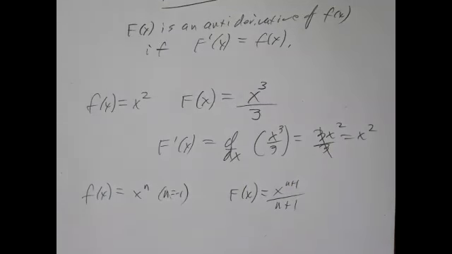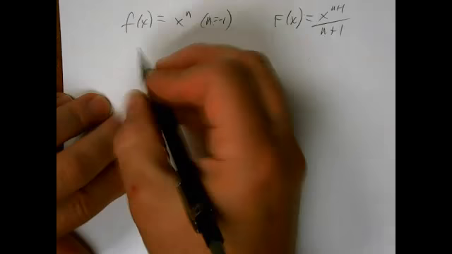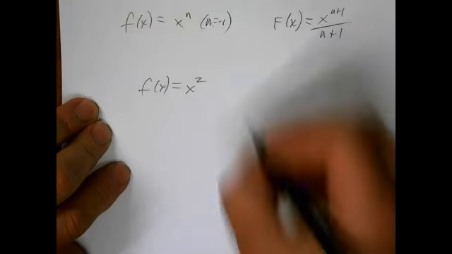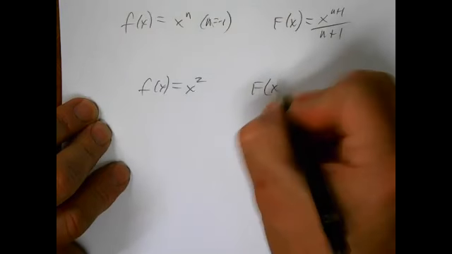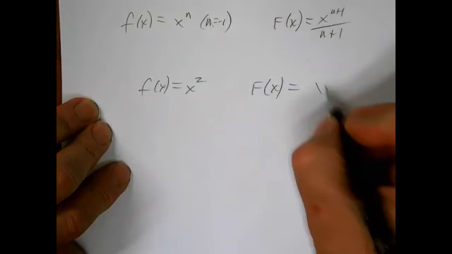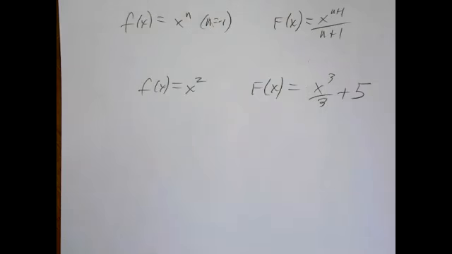Now, something else that maybe you hadn't noticed: if you again look at f of x equals x squared, I'm going to suggest that there's another possibility for the antiderivative. And that possibility is x cubed over 3 plus 5.